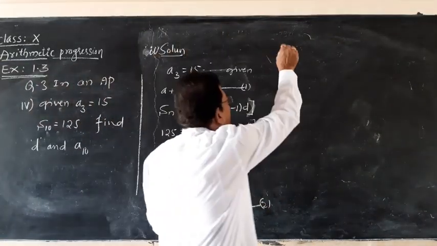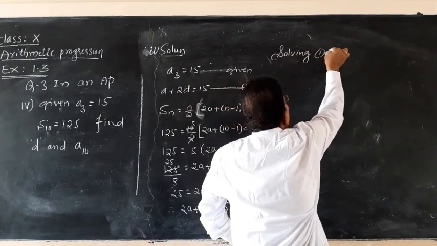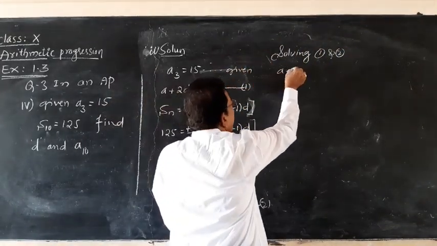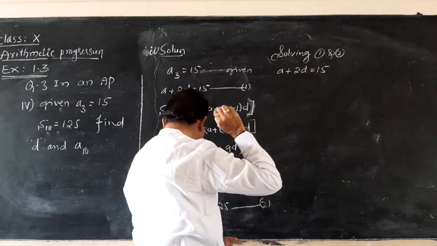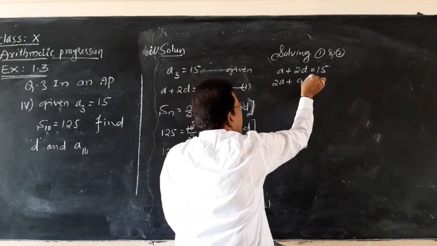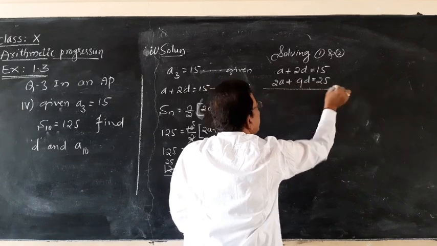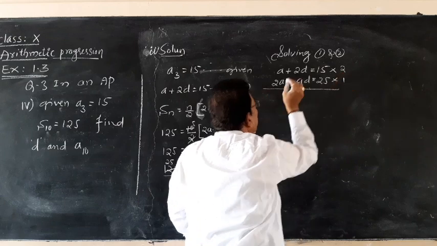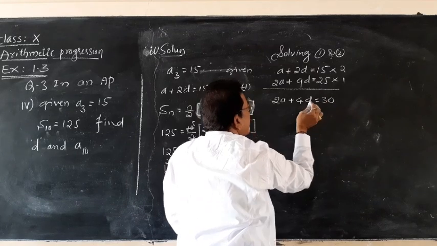Then solving 1 and 2. a plus 2d equals 15, then 2a plus 9d equals 25. Then let us equate this one, 2 into 1. 2a plus 2 twos are 4d equals 30.